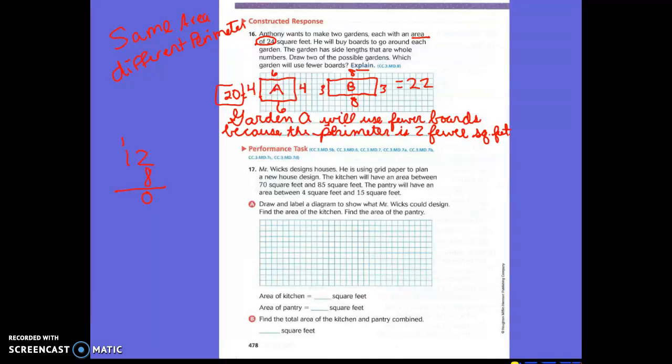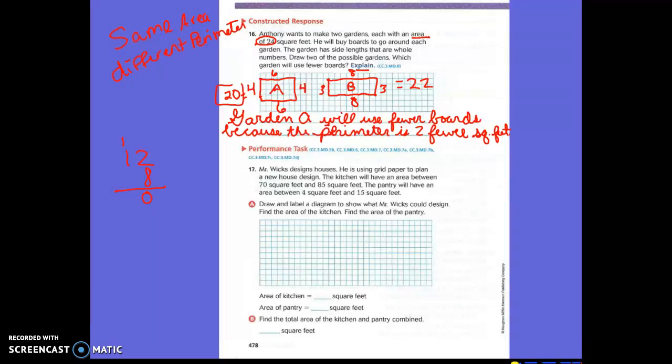Guys, if we want an area that's between 70 and 85, that gives us a lot of room, okay? Think about this. When we are finding area, what do we do again? Multiply. Okay, so what two numbers could you multiply that could give you answers that are between 70 and 85?